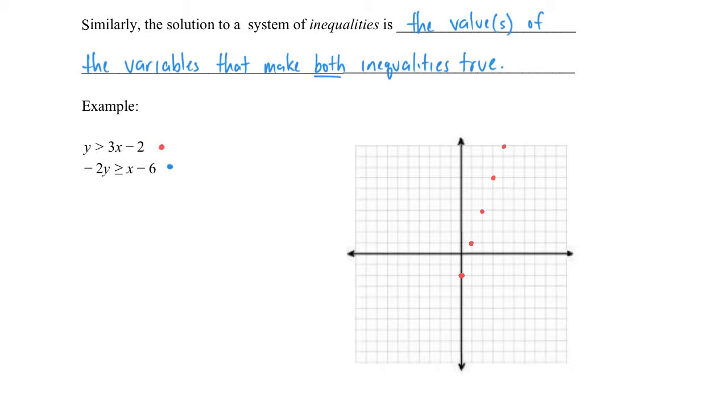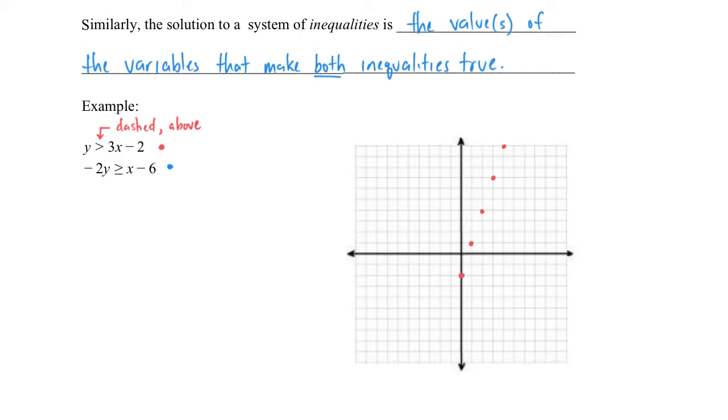Okay, and we know from previous that this symbol right here means we need to create a dashed line, and we're going to shade above it because it's greater than. All right, so I've got a ruler tool. I'm going to get that out here. You guys can't see it, but I am using a ruler.